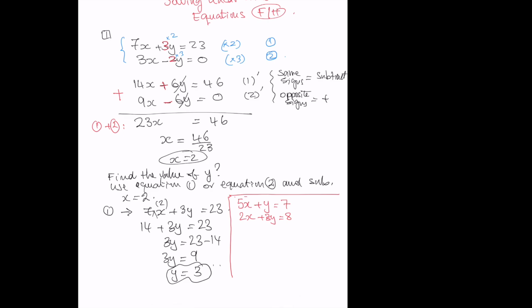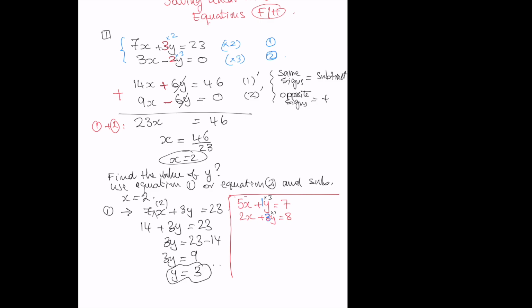As we said, we need to make the coefficients, the numbers that multiply x or y, the same. So let's choose again eliminating y. So to eliminate y, we need to make the numbers 1 and 3 the same. And we said the easy way to achieve that is just to multiply them by each other. So I will do 1 times 3 and then 3 times 1.